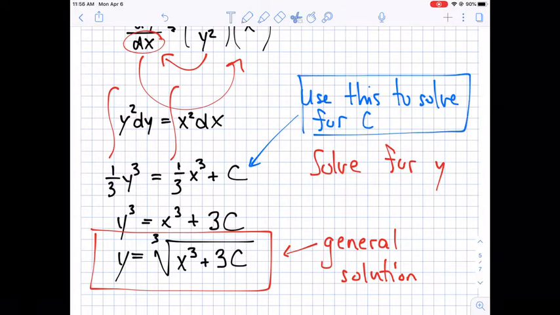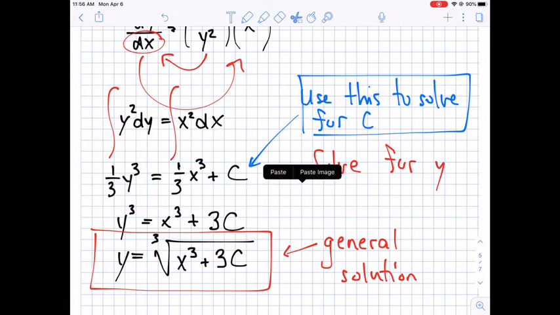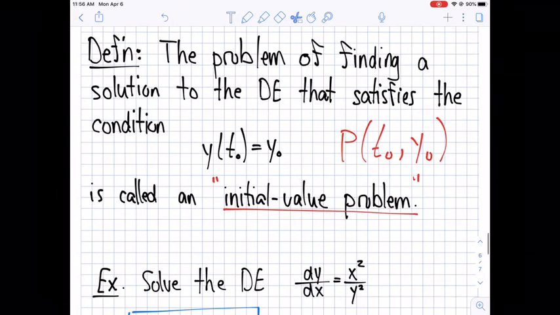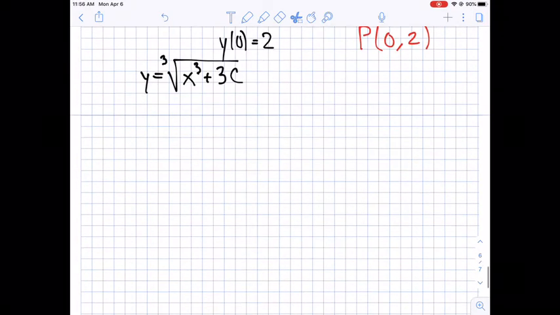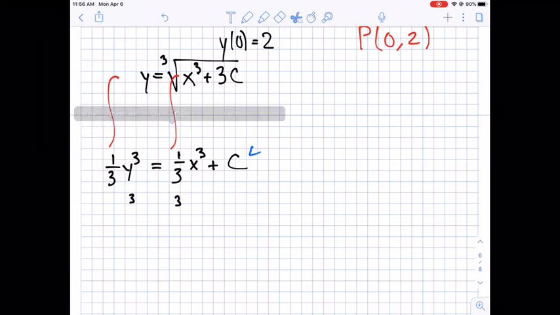Okay, so let's copy that. And this is what we have, with a whole bunch of other stuff that we don't need. We want to solve for c.